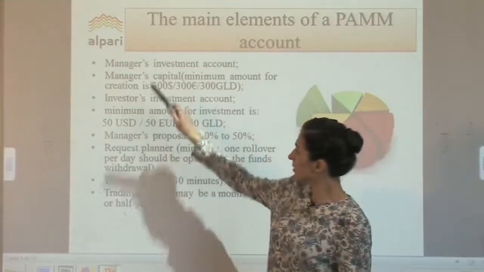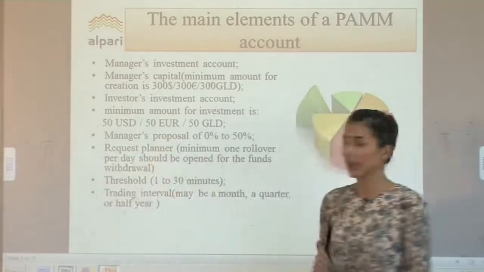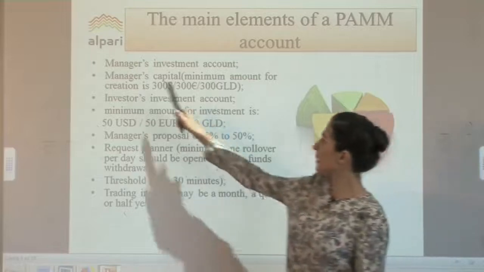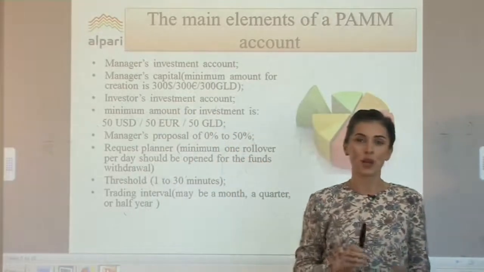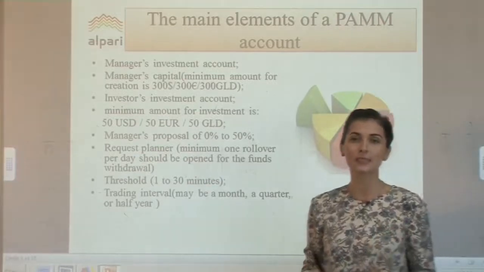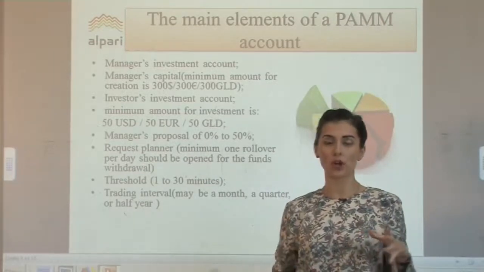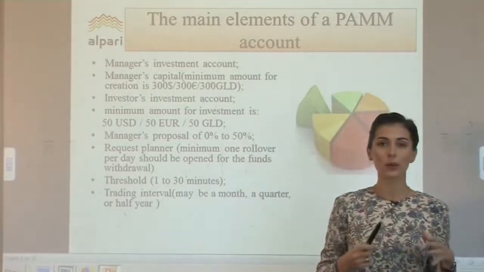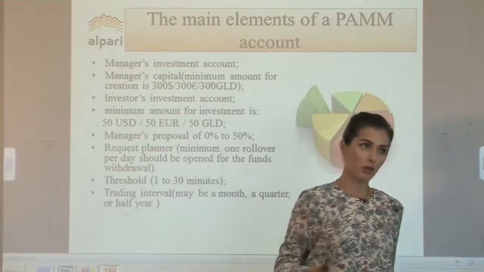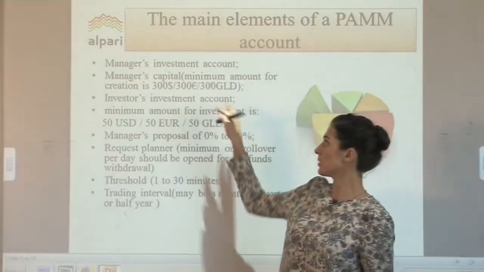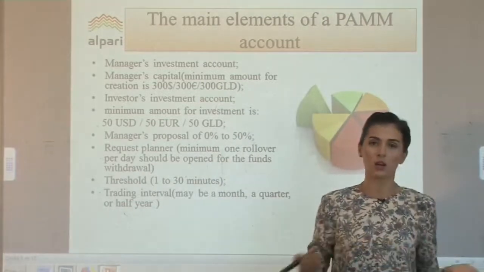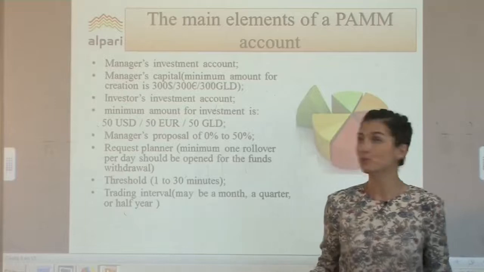Here are eight key elements, and first of all, I told you about the manager's investment account, which is based on the manager's capital. The manager's investment account contains all funds that the manager brings to the PAMM account, and also his profits. If there is a loss, of course, the manager's capital goes down in accordance with the drawdown.